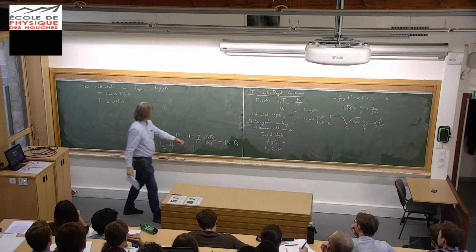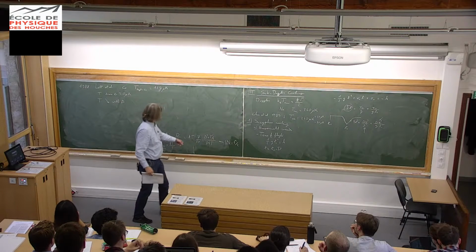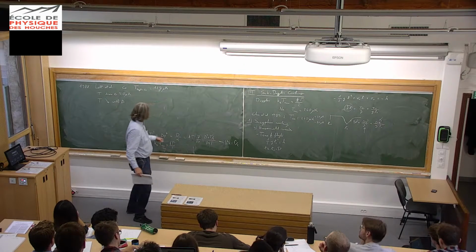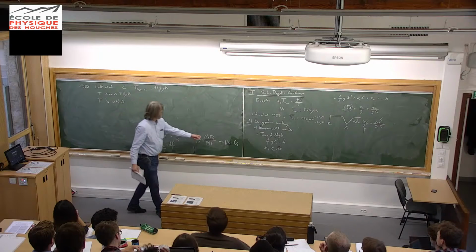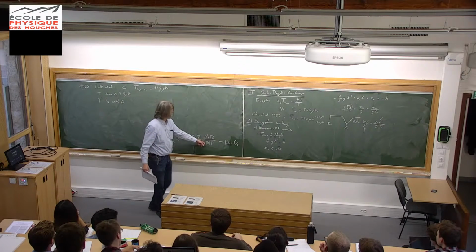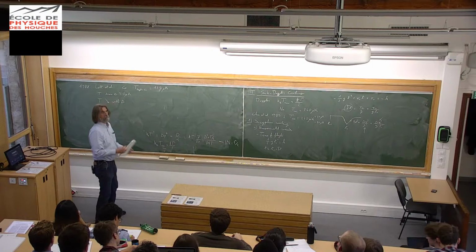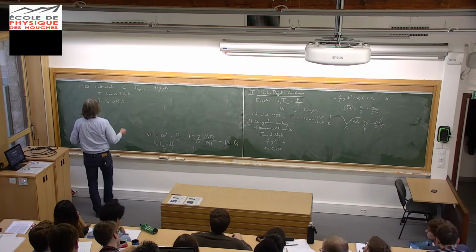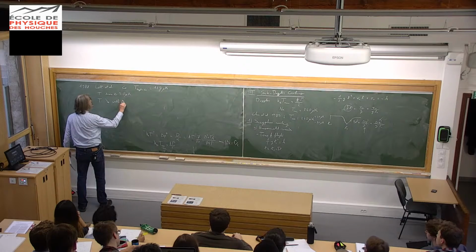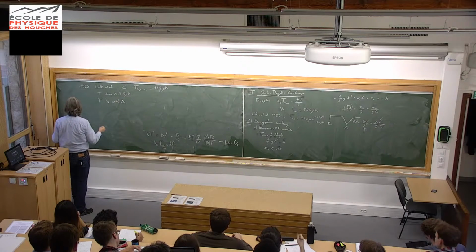If you look at this expression, you expect that the Doppler temperature will increase with the detuning for a detuning larger than gamma divided by 4. So this was one part of the problem.